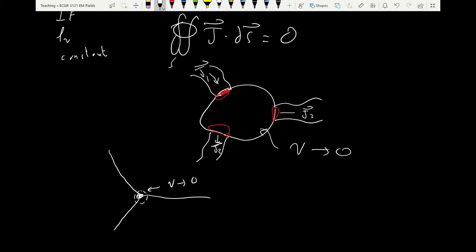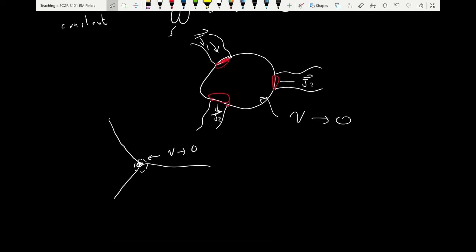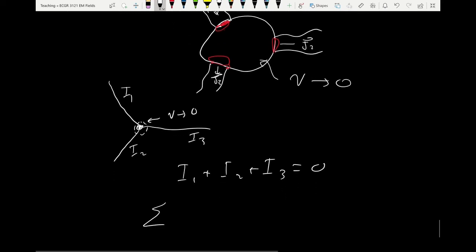And the J's coming in are all lumped as total currents, so this is I1, I2, I3, and we end up with Kirchhoff's law, which is I1 plus I2 plus I3 equals 0, right? So this is the sum of I equals 0. Okay, this is Kirchhoff's law.